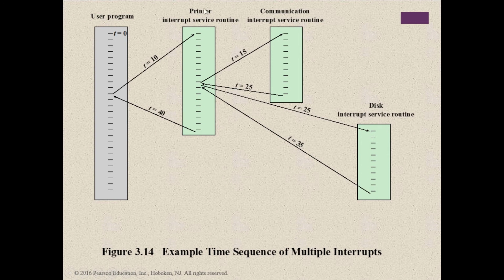And of course, printer has a lower priority. The disk ISR finishes its execution at T35. After T35, the printer ISR resumes. So that's why this is here. When the printer ISR completes at T40, the control finally returns to the user program at last.